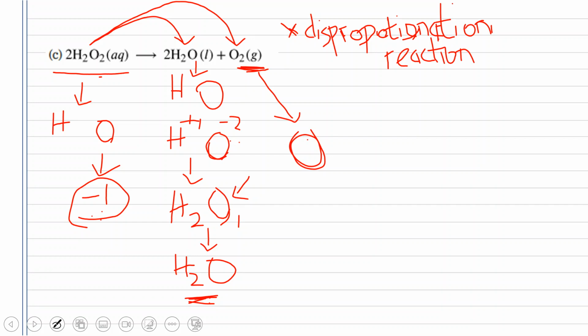Okay, so this is a special situation. We call this a disproportionation reaction because it's disproportional. I mean, one element is supposed to undergo reduction, the other element is supposed to undergo oxidation. In this situation, one element, oxygen, is undergoing reduction. At the same time, it's also undergoing oxidation.